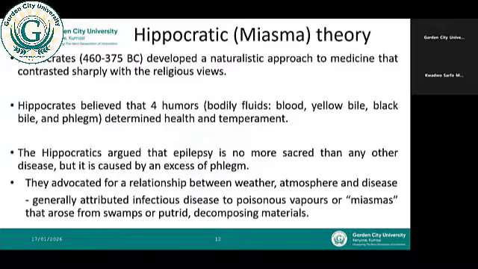So they established a relationship between weather, the atmosphere, and disease. And because of this, poisonous vapors or miasmas were responsible for these diseases. So when you have decomposing materials, swamps in areas, they could give rise to diseases, and not evil spirits that are visiting with these diseases or cases.